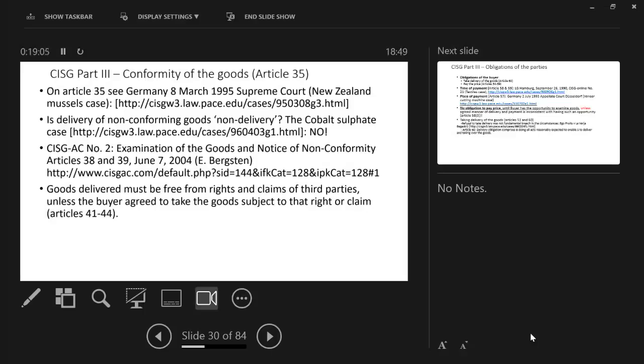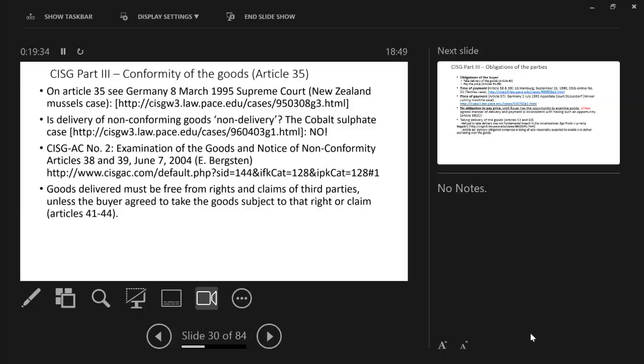Final bit, goods must be free from rights and claims of third parties unless the buyer agreed to take the goods subject to that right or claim. This becomes highly important when we start looking at financing mechanisms, which in the trade context usually are attached in some way to the good that is being delivered.